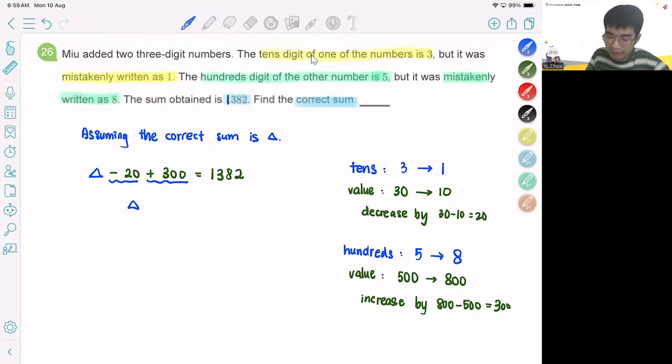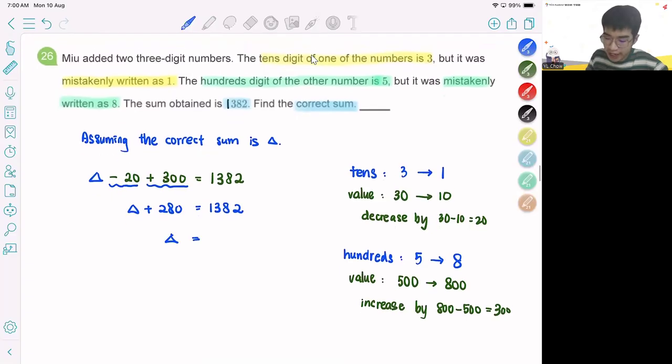That will be the same as plus 300 minus 20, right? Which is plus 280. Something plus 280 equals 1382. So to find the original correct sum, it will be 1382 minus 280, which is 1102, right? And that is how you get your answer for the initial correct sum.